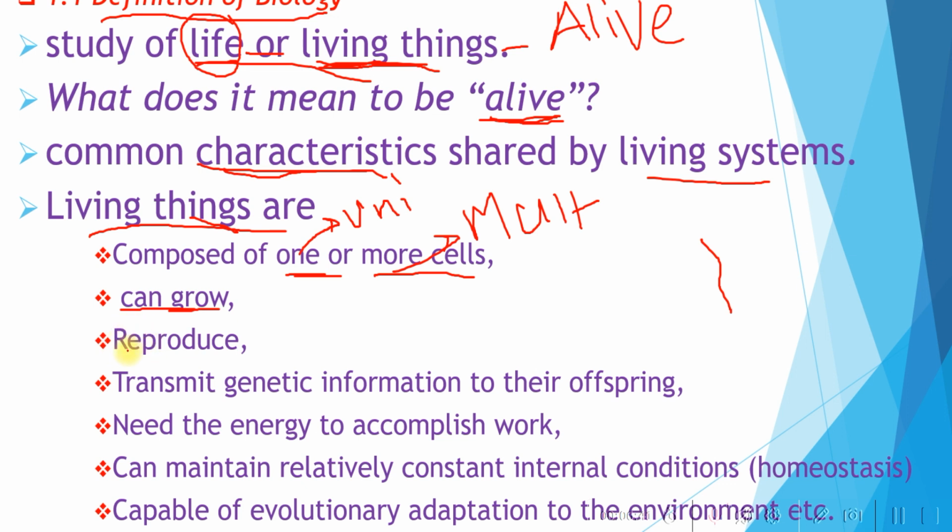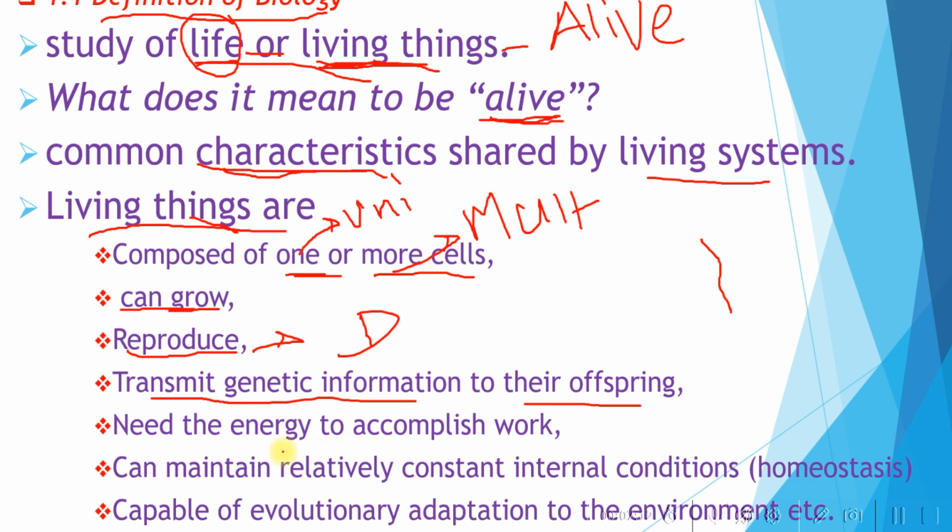And also living things can reproduce, which means they can give offspring, meaning new daughter cells or new daughter organisms or children. And also living things are capable of transmitting genetic information to their offspring. So they are capable of transferring their genetic information from the parent to the offspring or to the newborns.